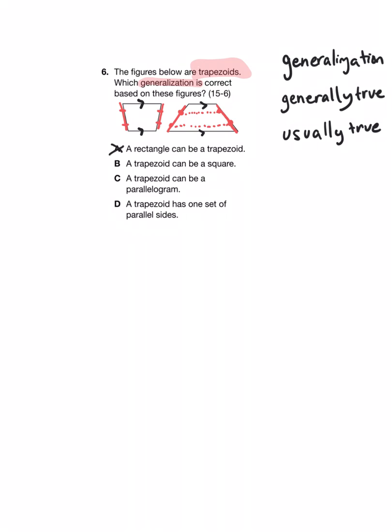And the reason I know that is because a rectangle has two sets of parallel lines. Opposite sides in a rectangle are parallel. So here's one pair of parallel lines in this rectangle, and here's the other pair. Okay, so choice A I've eliminated.